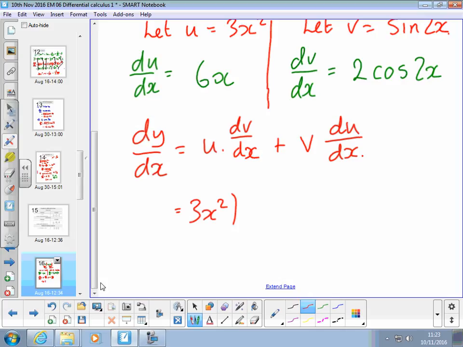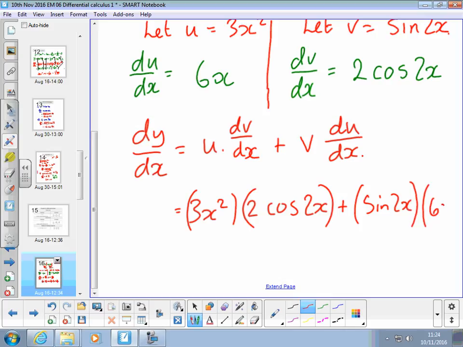I'm going to multiply that by dv by dx, which is 2 cos 2x, and then add on v, which was sine 2x, times du by dx, which is 6x.